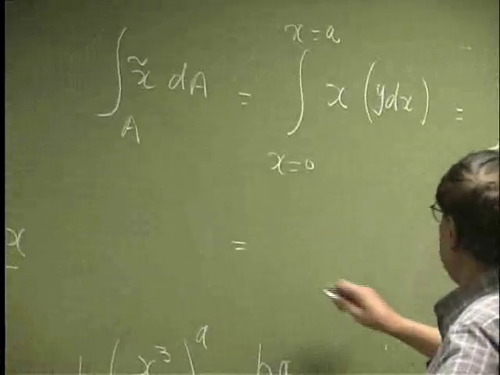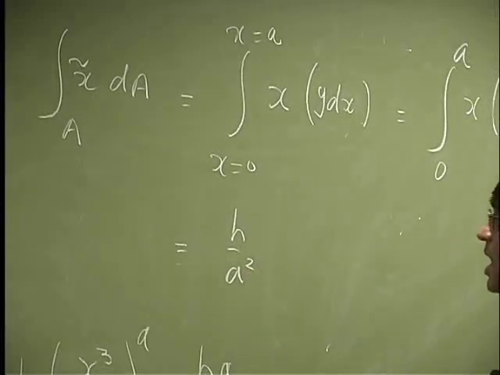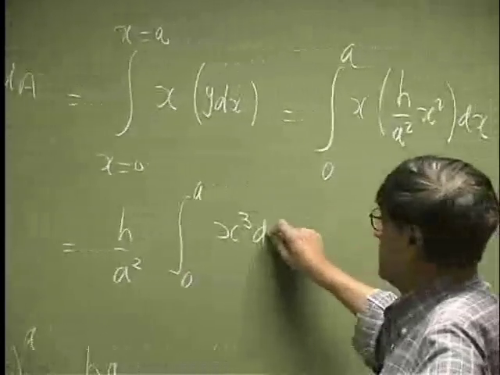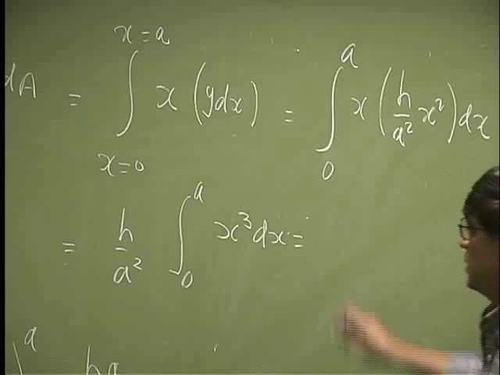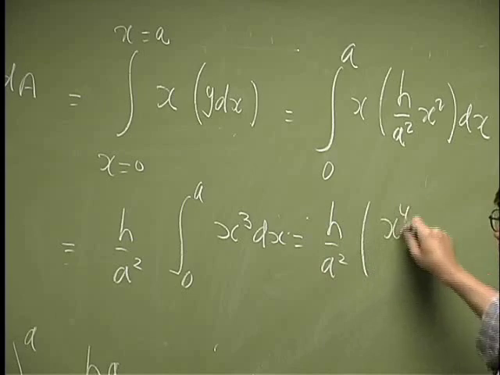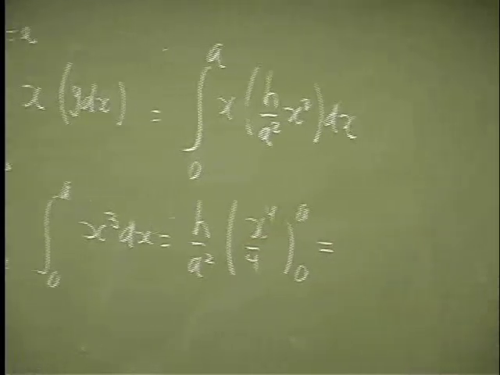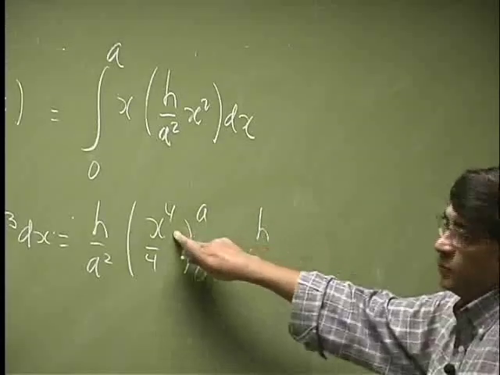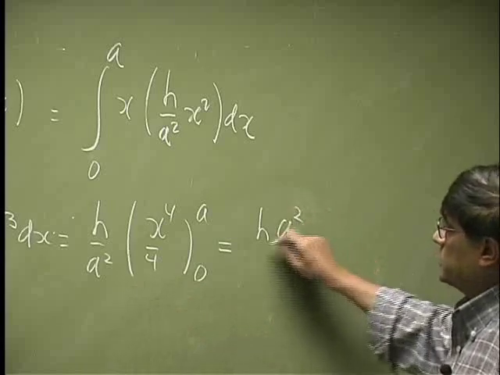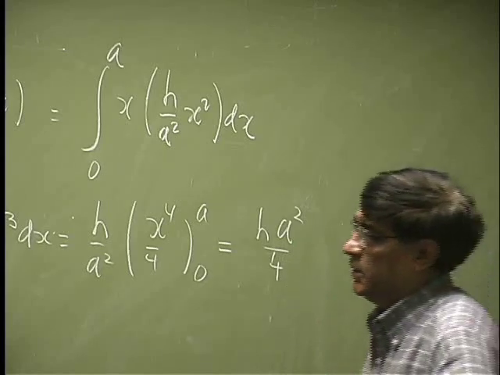So in here, I can take the h over a squared out, that's constant, and you have the integral from 0 to a of x cubed dx. And that's going to go as h over a squared, x fourth over 4. We're going from 0 to a, so that's h times a fourth, you divide by a squared, it gives you h a squared over 4. So that's the second integration we need.